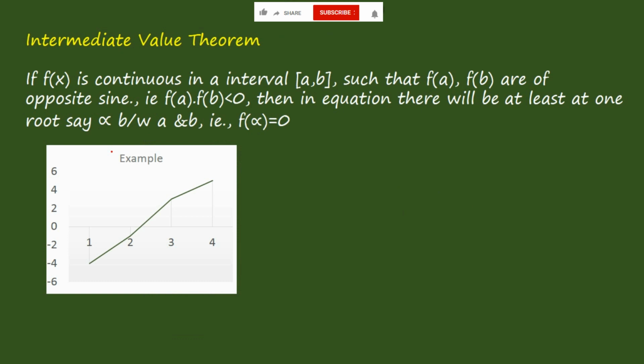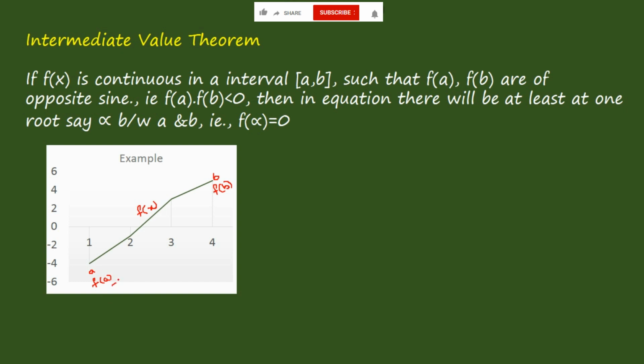Coming to the intermediate value theorem. First look at the graph here. There's a line which is continuous. If you consider this line as f of x, there's an interval from a to b. When you substitute the values of f of a and f of b, they would be of opposite signs.